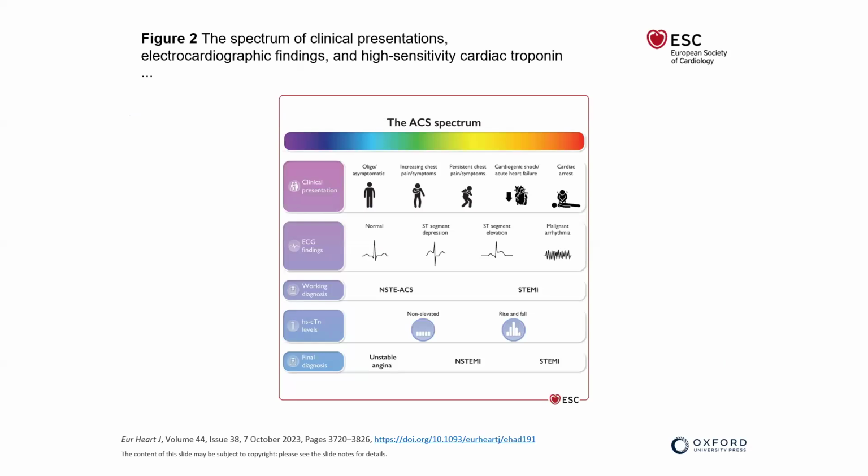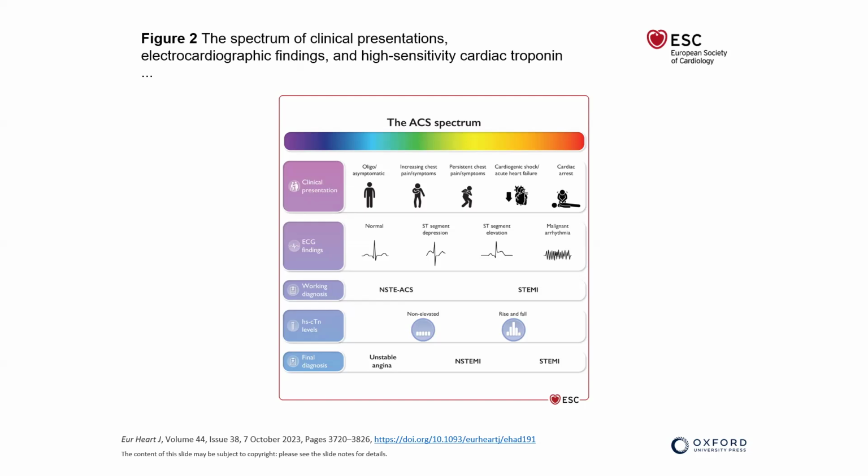So on that note, acute coronary syndrome, as we all know, is a spectrum, and it comprises unstable angina, non-ST elevation myocardial infarction, and ST elevation myocardial infarction. Presentation may vary. You may have patients presenting for the first time with an acute coronary syndrome with heart failure as a complication.